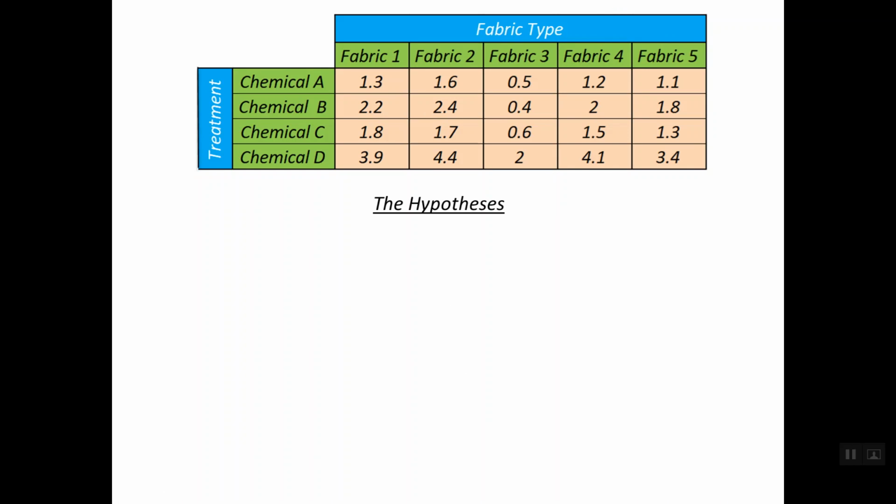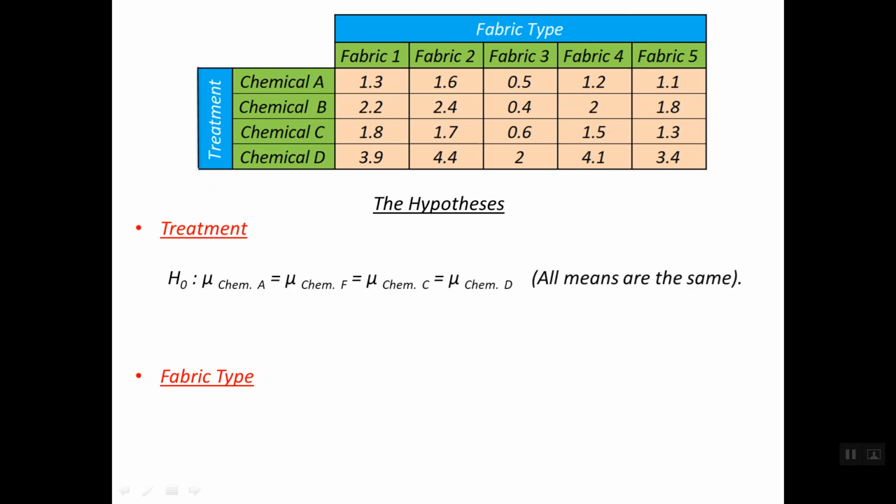Let's also understand the hypothesis of the experiment. We have 2 sets of hypotheses, one for treatment, which is the first factor, and the second is for the fabric type, which is the second factor.